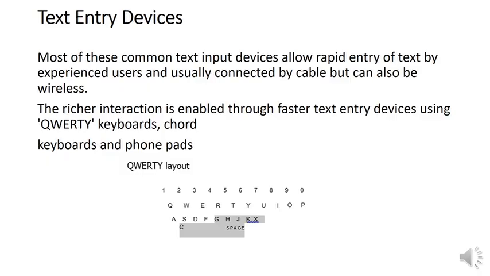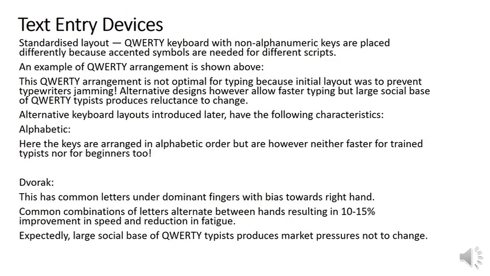So this is an alphanumeric keyboard with space and other function keys. But this one does not contain function keys, for you to be able to see the standard keyboard for system text entry.